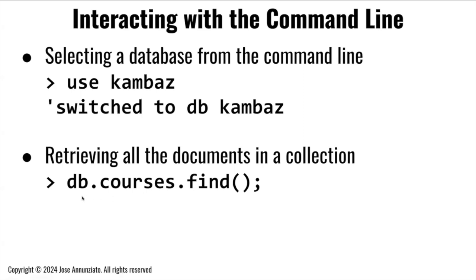Whereas the non-relational databases have their particular language that is specific to each vendor. For MongoDB, right, the syntax for interacting with the database is that all the commands start with a db dot, right, db dot. And then it allows you to select which collection you are interacting with, right?